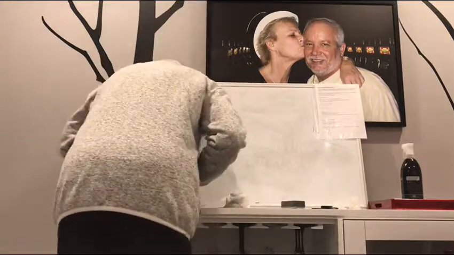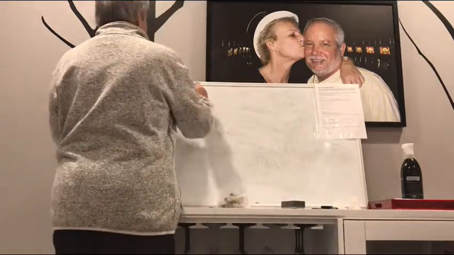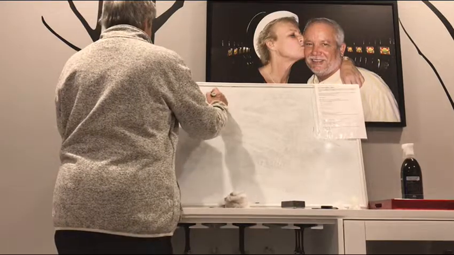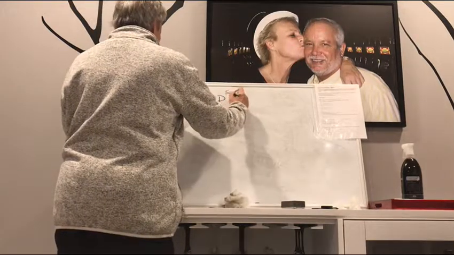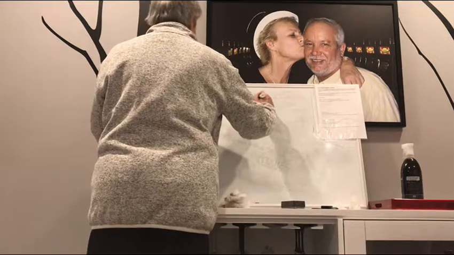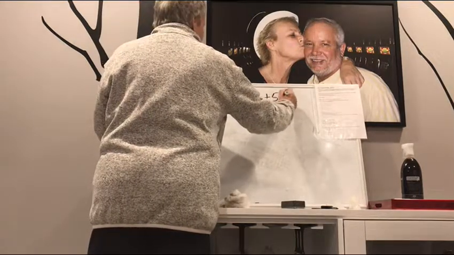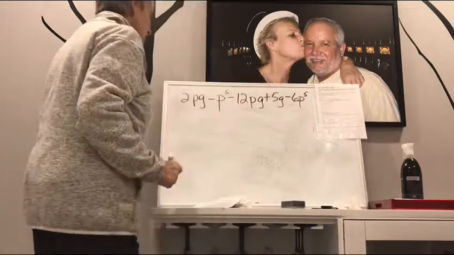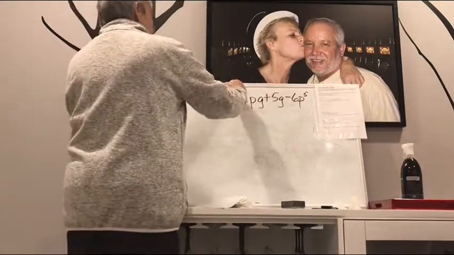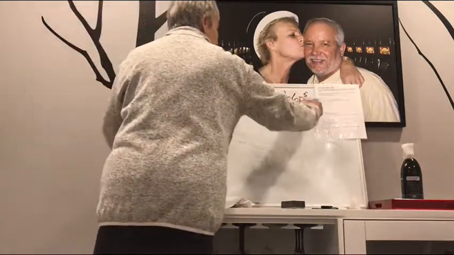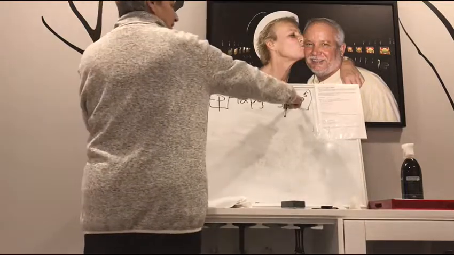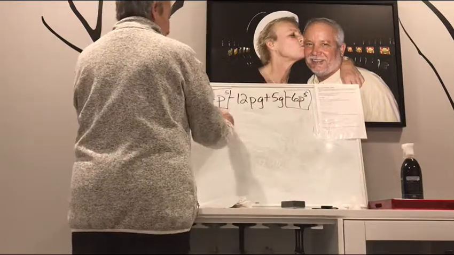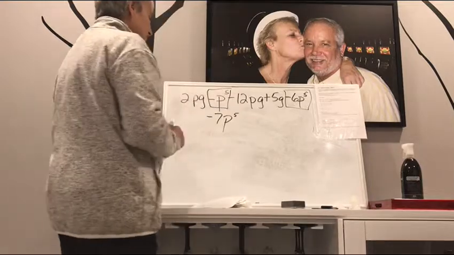Let's do number 2 on your homework. 2pg minus p to the 5th power minus 12pg plus 5g minus 6p to the 5th. The highest degree is p to the 5th. Negative 1, negative 6 is negative 7, p to the 5th.